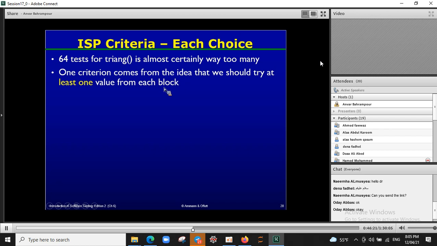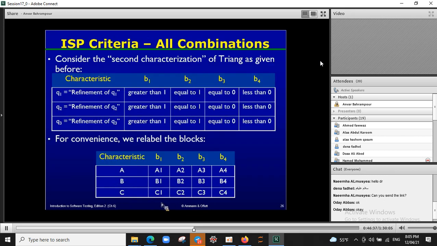One criterion comes from the idea that we should try at least one value from each block. When we want to try testing one value from each block, then with 4 tests we could test each value once.